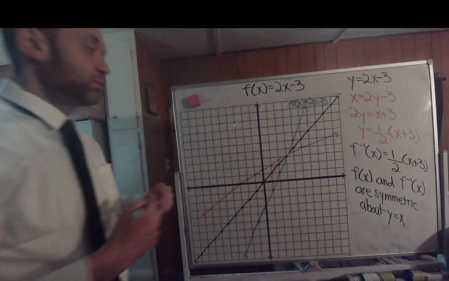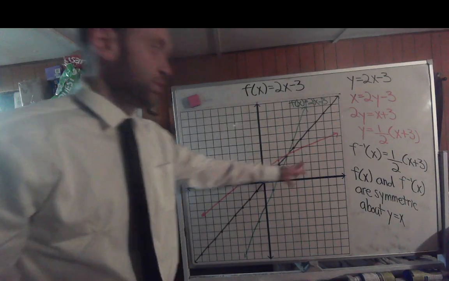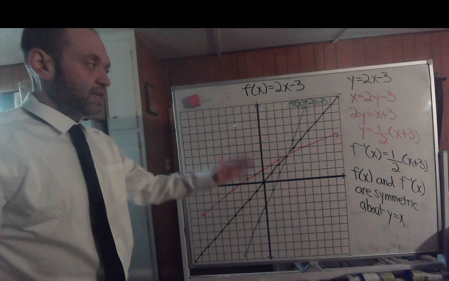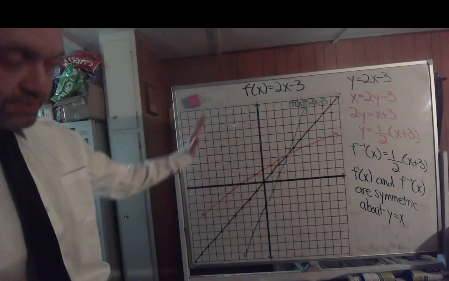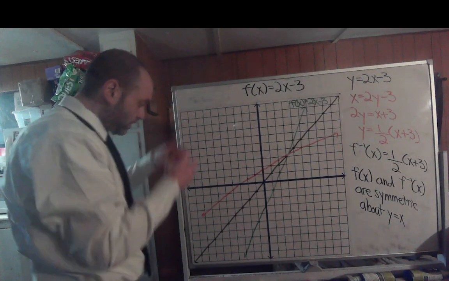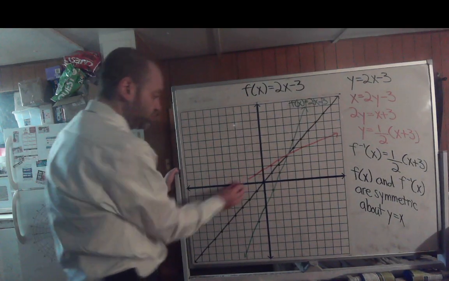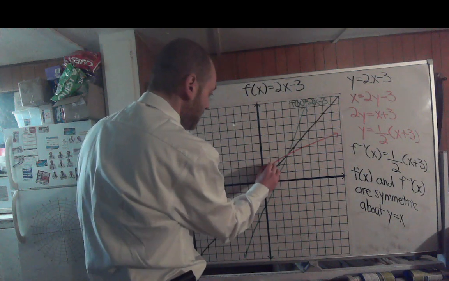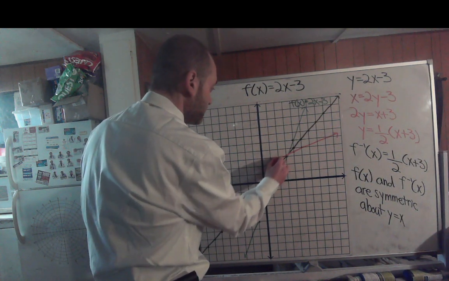So y equals x is basically the mirror for these. They reflect in the line y equals x. They're symmetric about the line y equals x. So that's a cool graphic tidbit about inverse and regular functions.